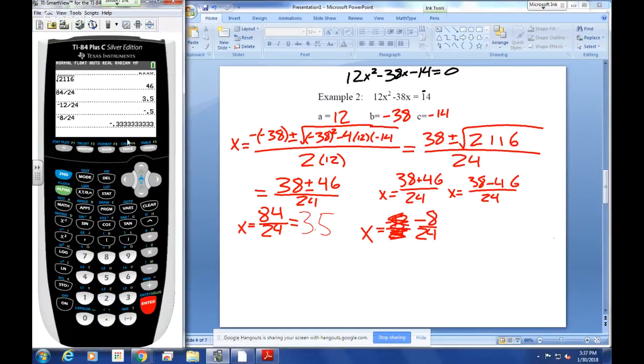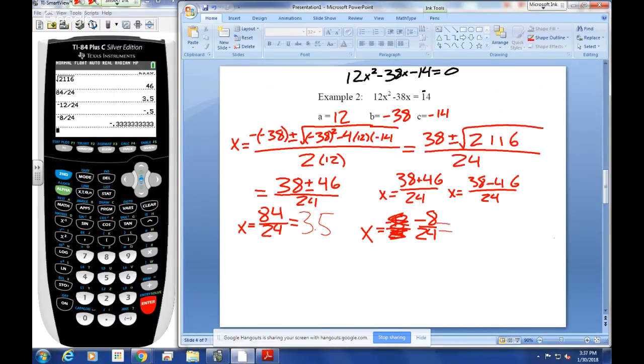So that's going to get us negative 0.33333 repeating, but we also know that can just be written as negative 1/3.